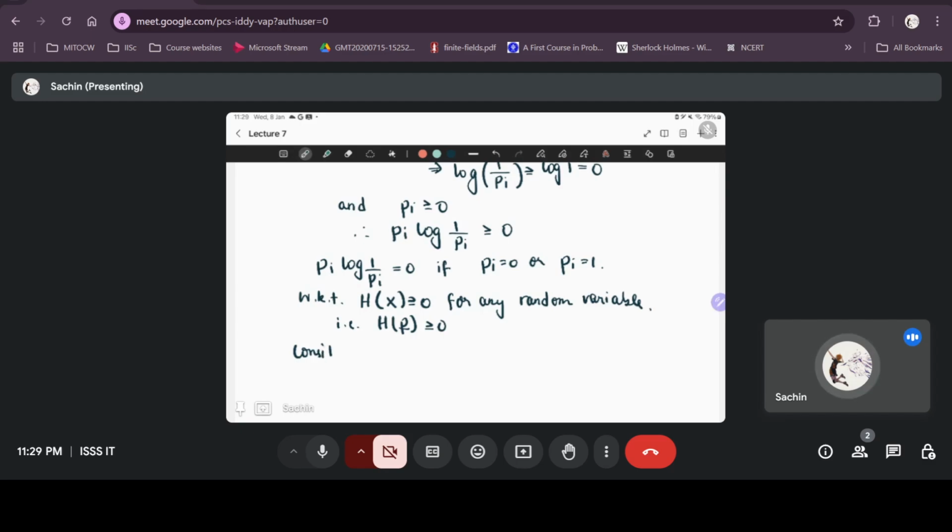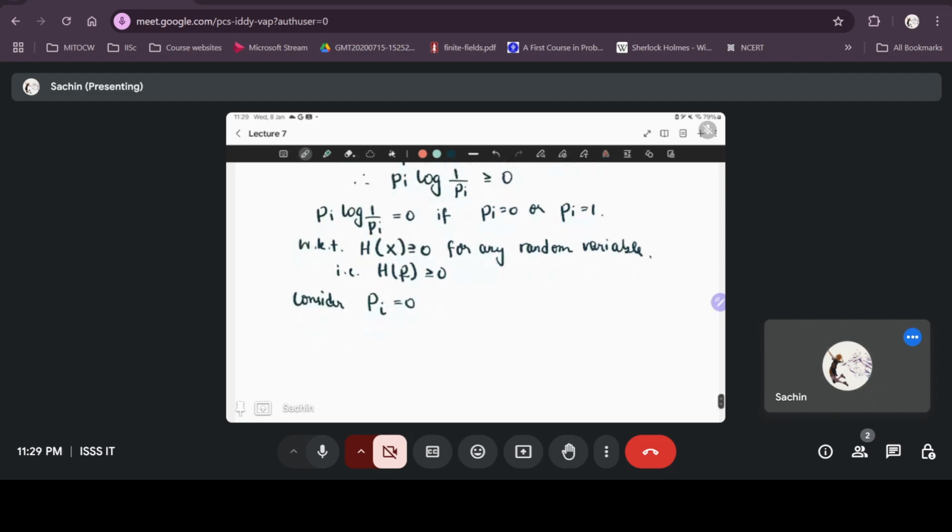Consider the distribution p i equals 1 for some i and 0 for all other i's.